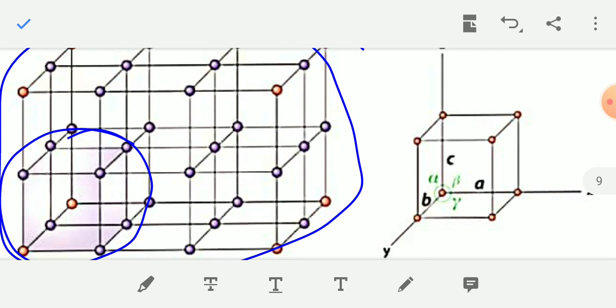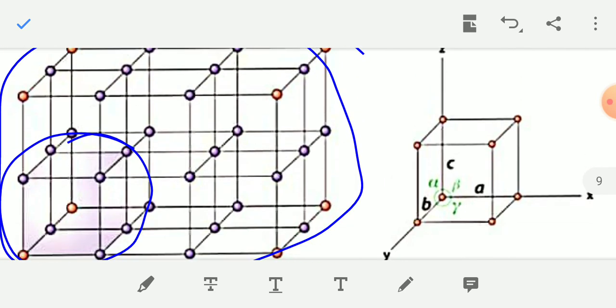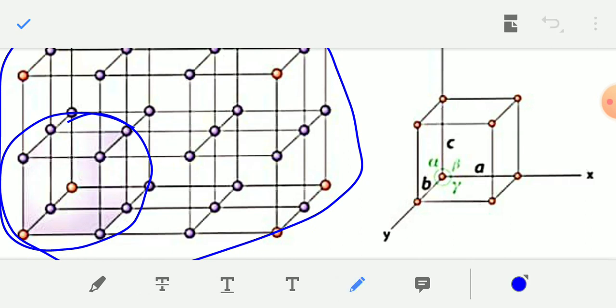It looks like a cube. And a unit cell is described by six parameters: three axes and three angles, alpha, beta, gamma, between the three axes. Three-dimensionally, a unit cell is described by three axes, that is x, y, z, and the angles among these three axes, which are represented by alpha, beta, and gamma.